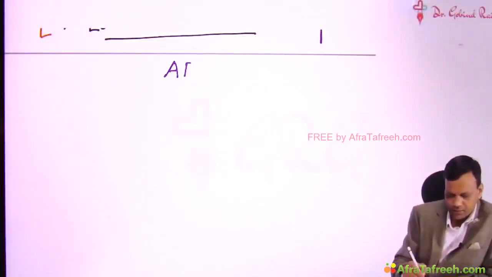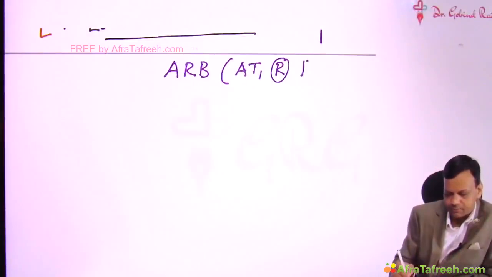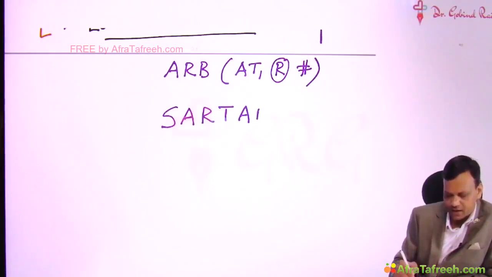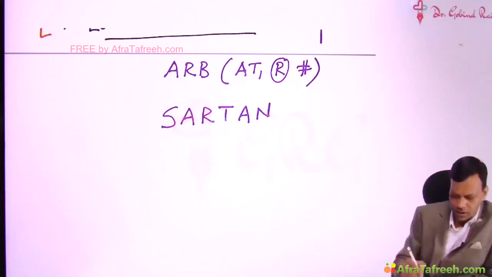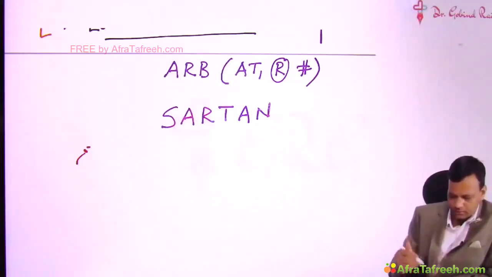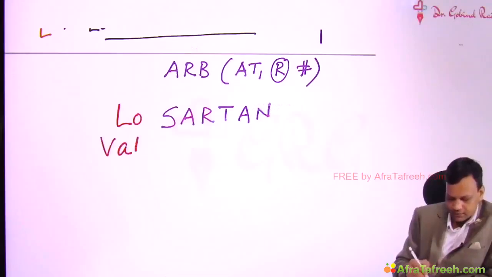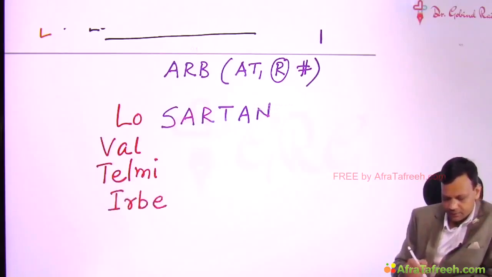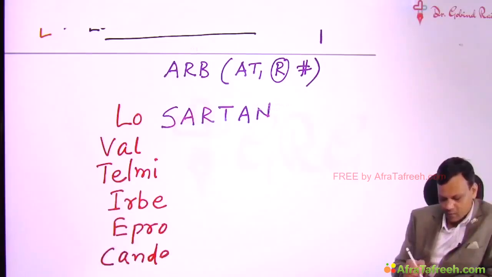Angiotensin receptor blockers or AT1 receptor blockers. The names of these drugs end with sartan. Any drug whose name ends with sartan is an angiotensin receptor blocker. The examples are losartan, valsartan, telmisartan, irbesartan, eprosartan, candesartan, and some more also are present.